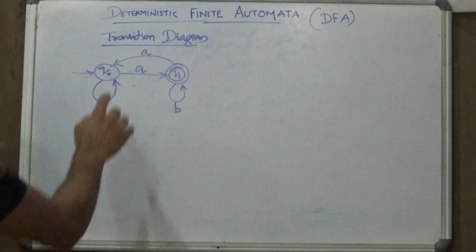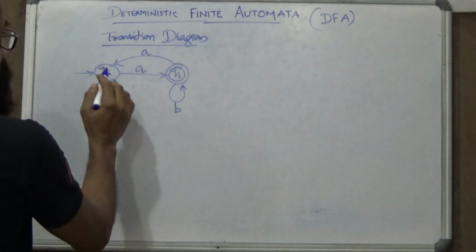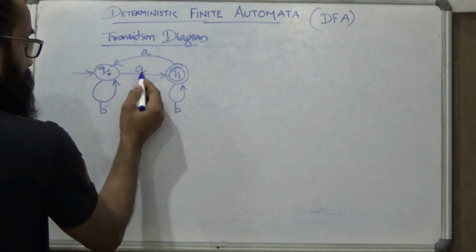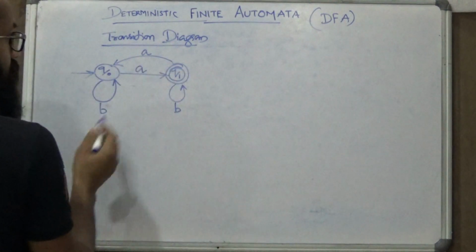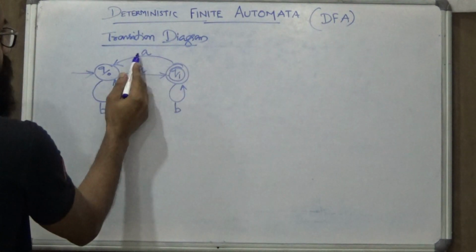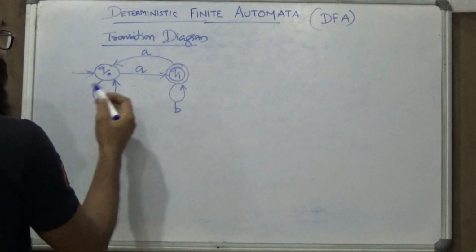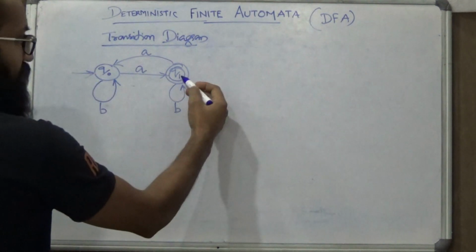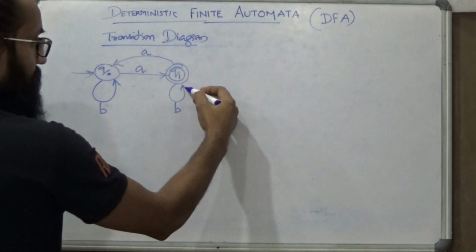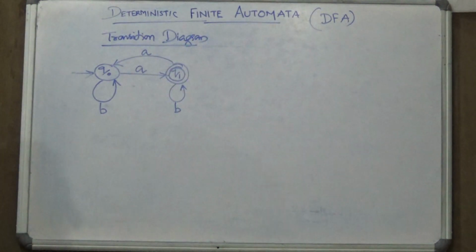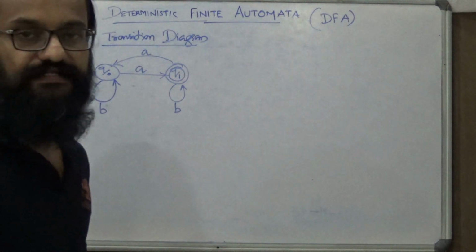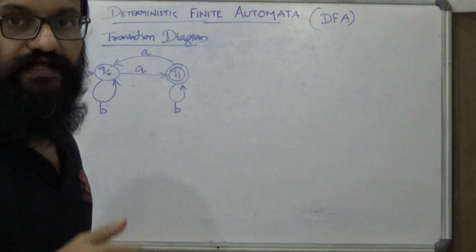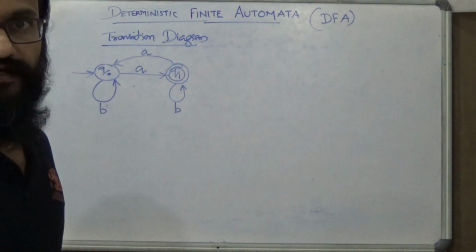And these are the transitions. From state Q0, if the machine reads input A, it will go to state Q1. From Q1, if the machine reads input A, it will go to state Q0. From Q0, if the machine reads B, it will remain in the same state. From Q1, if the machine reads B, it will remain in the same state. This is the transition diagram, the diagrammatic representation of a deterministic finite automata.